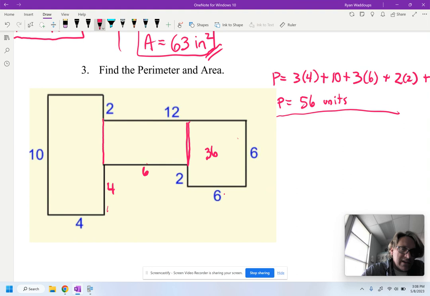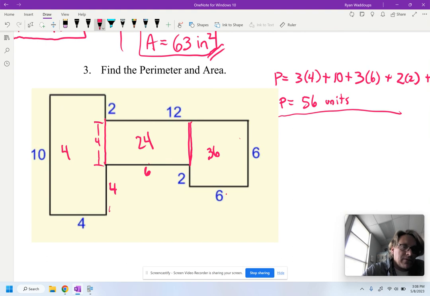This we calculated was 4. This was 4. And then the length of this part is 6. And so 4 times 6, this would be 24. And then over here we've got 4 times 10, and that would be 40.